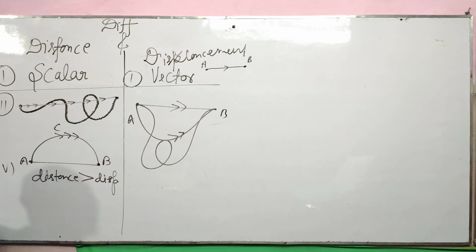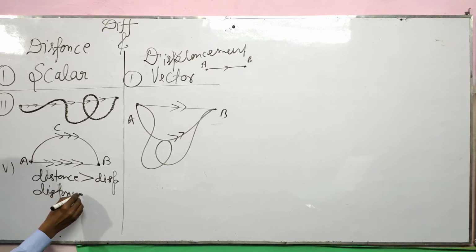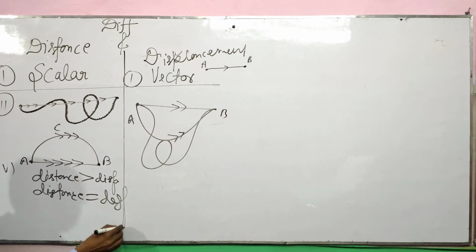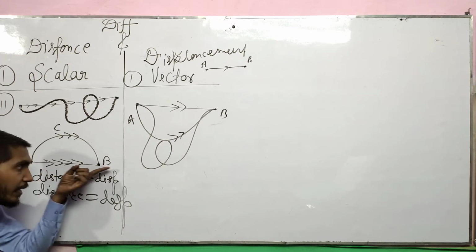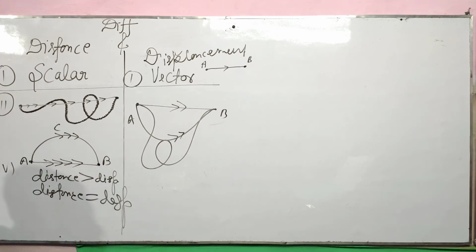And maybe if I am going from this path, then distance is equal to displacement. Distance is also this and displacement is also this. So distance may be greater than displacement, or distance may be equal to displacement.